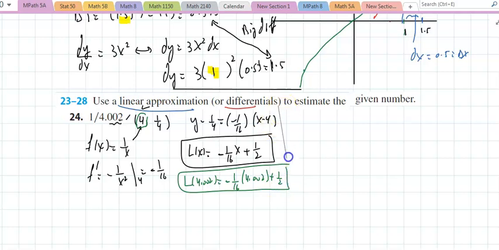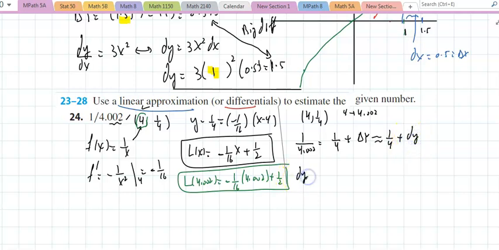If I decided to use differentials, this is what I'm going to say. I'm going to say we still have 4 and 1/4. So when I look at 1 over 4.002, that's going to be roughly 1 over 4 plus the change of y going from 4 to 4.002. Well, let's see how that works. I'm going to say this is roughly 1/4 plus dy.